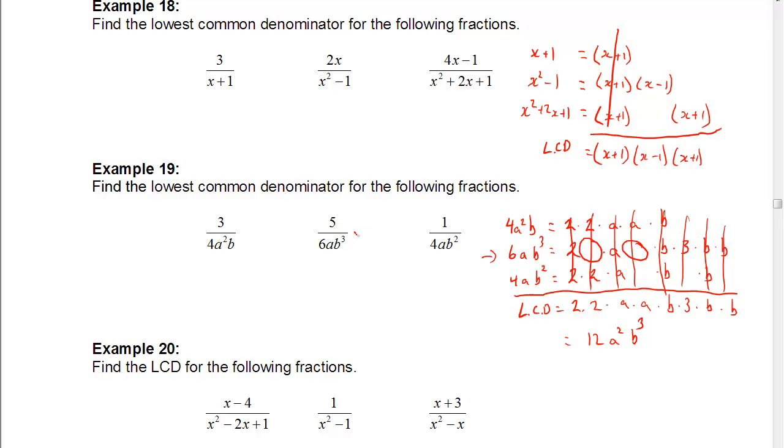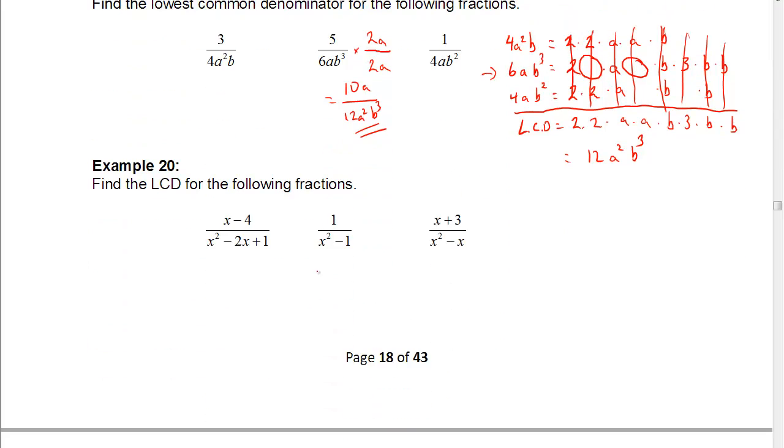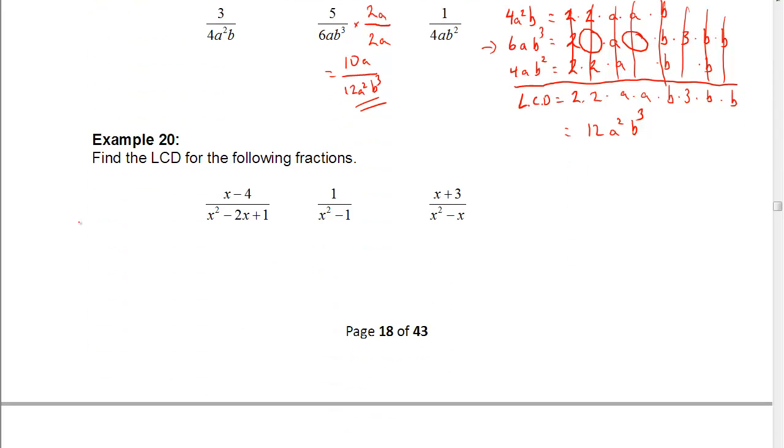So in order to convert this to that denominator, we have to multiply by the 2 and the a. That would give us 12a over 12a squared b cubed. So we've changed our denominator to our lowest common denominator. This is a great technique for doing that. We'll do the last example for the lowest common denominators, and then we'll look at some adding and subtracting in the next video.